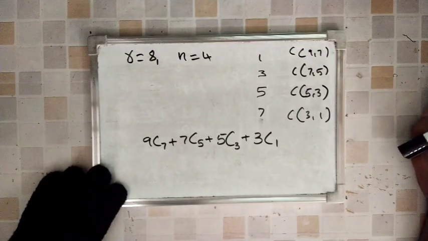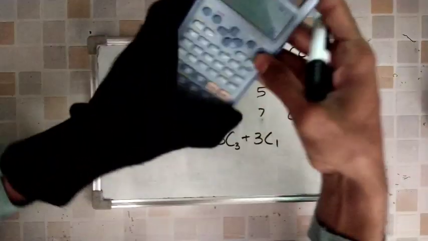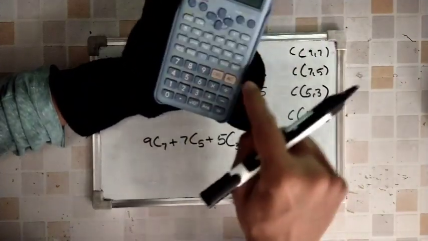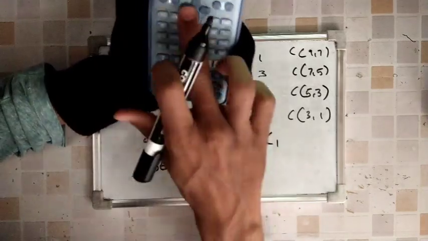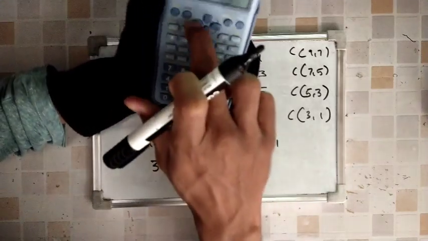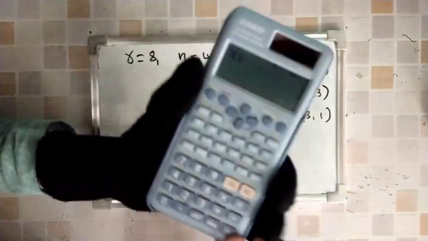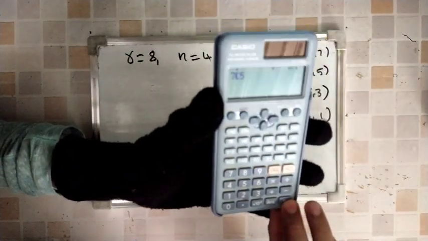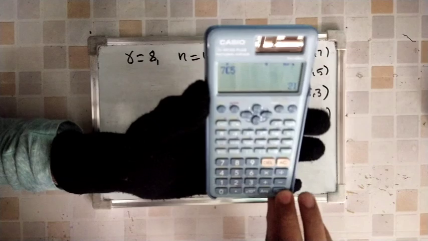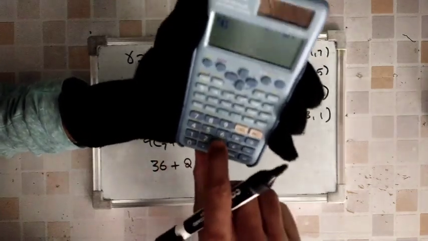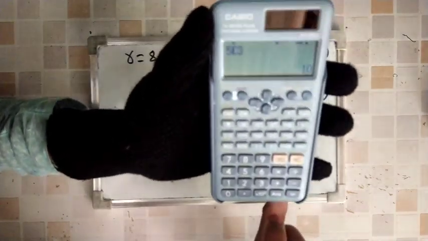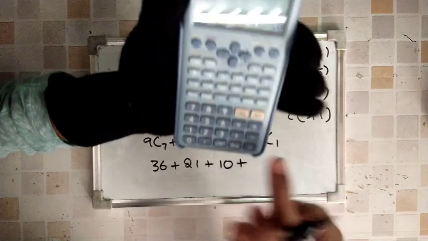Okay, so if I can do this in front of you, 9C7 is equal to 36. Then 7C5, you can see, right? 7C5 is equal to 21, plus 5C3, which is 10, plus 3C1, which is 3 itself.